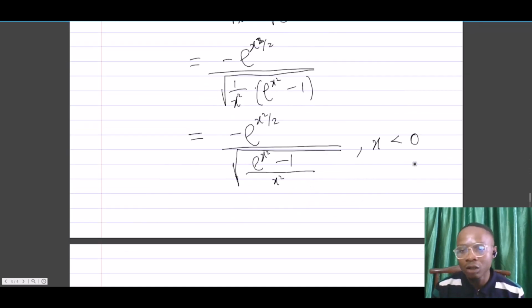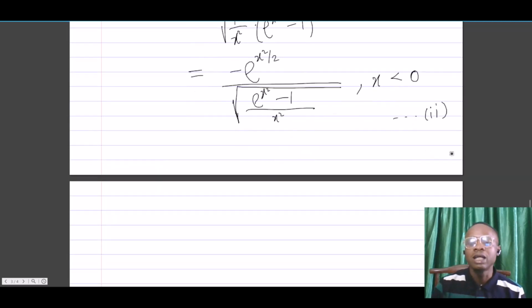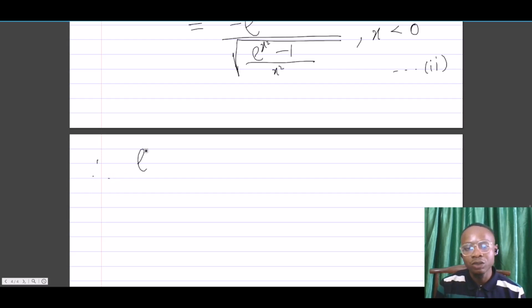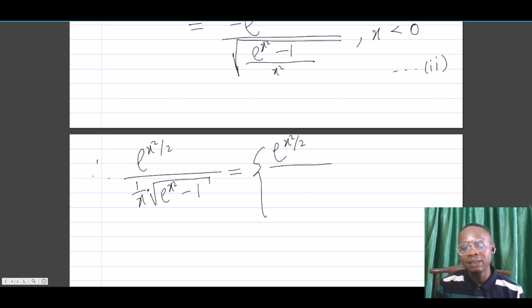So from these two observations, let's call this Roman figure 2, we can conclude that the expression e to power x squared over 2 divided by 1 over x into 1 over x multiplied by root of e raised to power x squared minus 1 will be equal to e to power x squared over 2 divided by the root of (e to power x squared minus 1) over x squared, and that will be the situation when x is greater than or equal to 0.